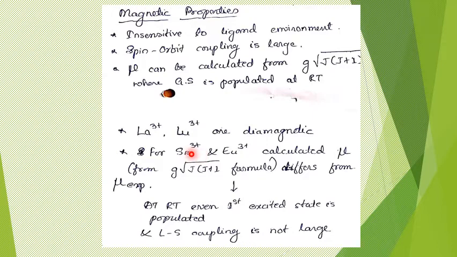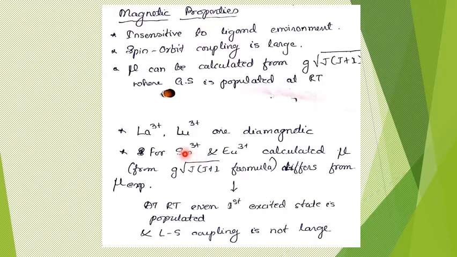There definitely one point will be in connection with the magnetic moment of samarium 3 plus and europium 3 plus. Remember this fact that for samarium 3 plus and europium 3 plus, the mu calculated from this g into square root of J into J plus 1 formula differs from mu experimental. So you cannot correlate mu experimental with mu calculated from this formula, right?